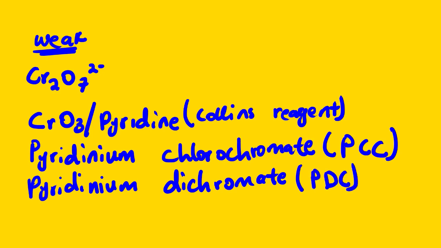And then we have Dess-Martin periodinane. For the sake of mechanism, the molecular formula is C13H13 with iodine and O8.